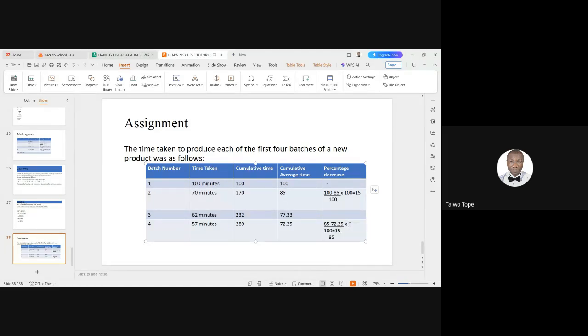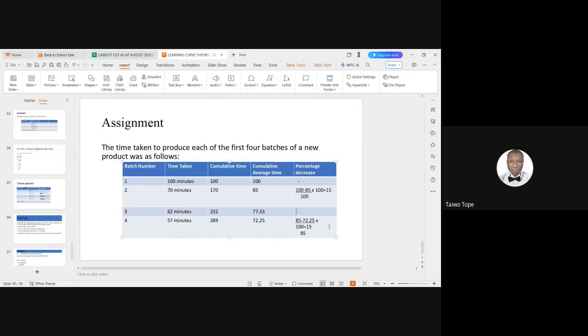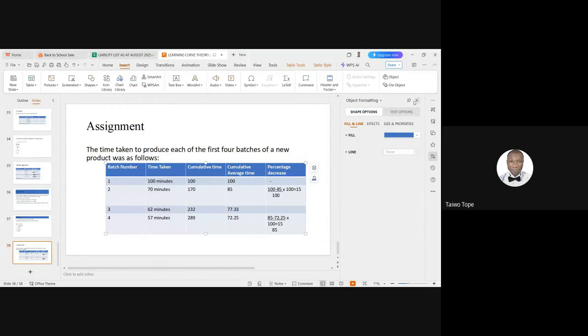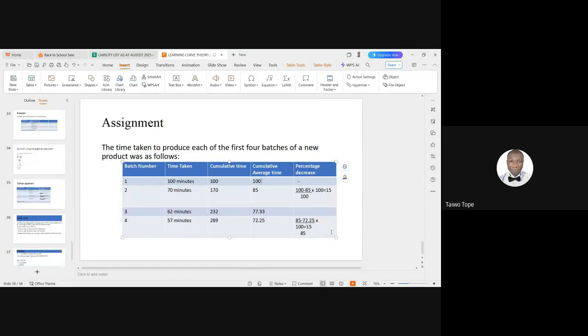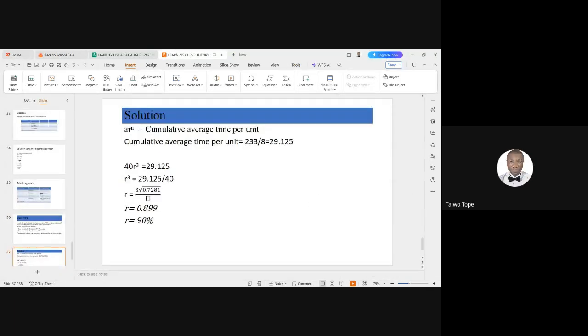So we have it as 15%. So what will be the learning rate now? 100 minus 15 is 85%.